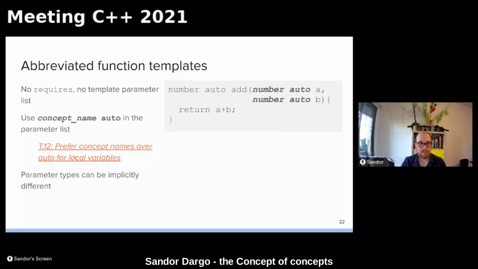And in this case, unlike for the previous examples, the parameter types can be different. So before, when we said like, okay, T must be a number, and then you just use the T as a parameter type, well, for all the parameters, you needed the same types. Here, they can be different. In fact, here you cannot really say that A and B must be of the same type.